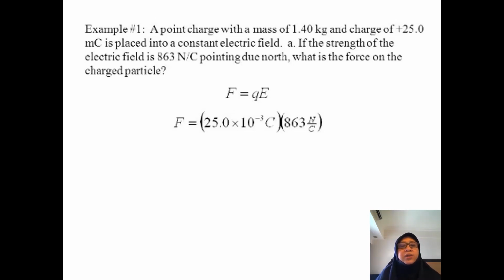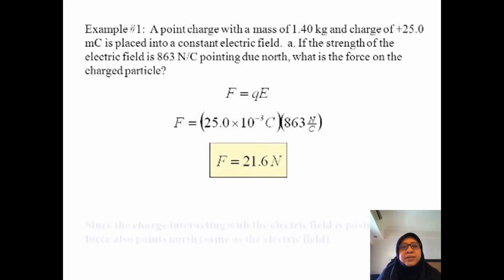This is the unit for electric field, because force is in newton and q is in coulomb. The charge is given in microcoulomb, so we convert to coulomb. We get the force 21.6 newton. Very simple example.